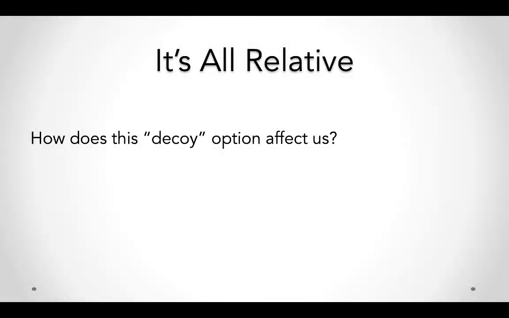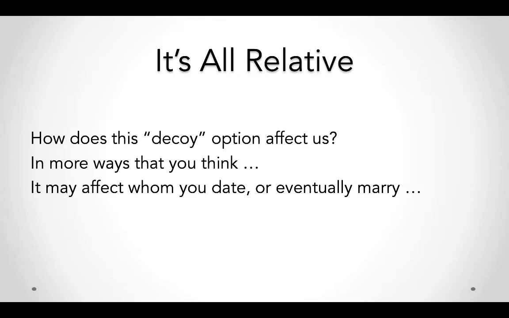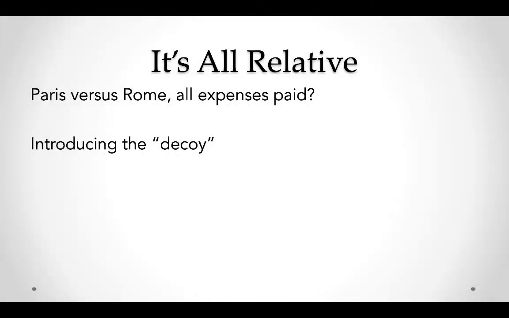Let me introduce another option. It's Rome: I will send you to Rome for a week, all expenses paid, but you don't have coffee in the morning. The coffee you've got to buy separately in Rome.